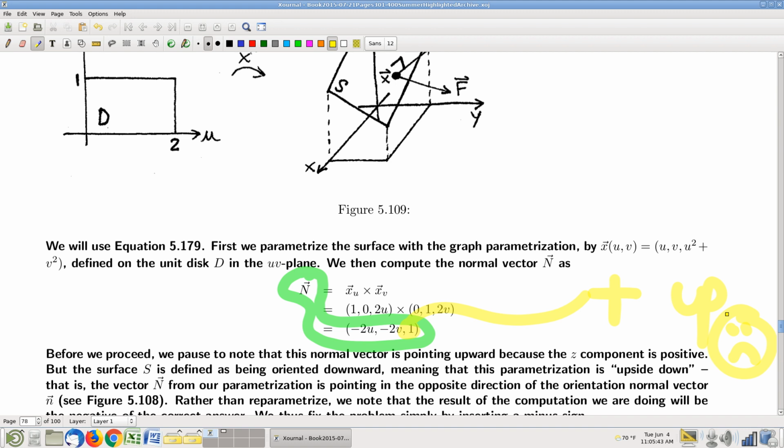Having realized here that I've parameterized the wrong way, let me show you what I want you to write on exams or homework exercises.